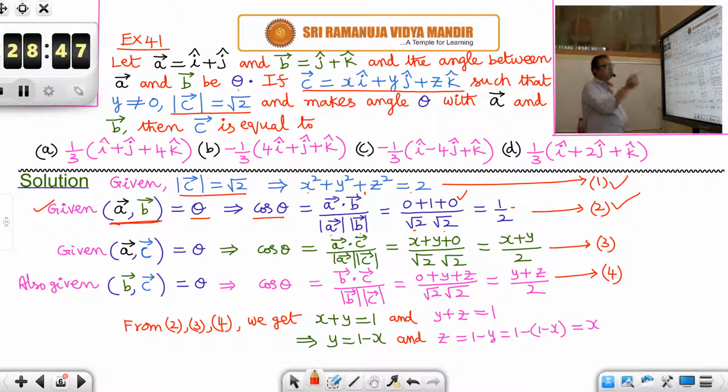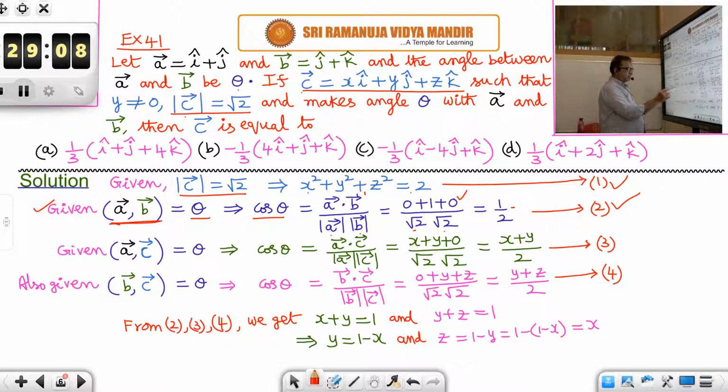Next, in the problem it is given that c bar is a vector xi plus yj plus zk such that mod c is root 2 and it makes angle theta with a bar and b bar also. That means c bar makes same angle theta with a bar and b bar also.